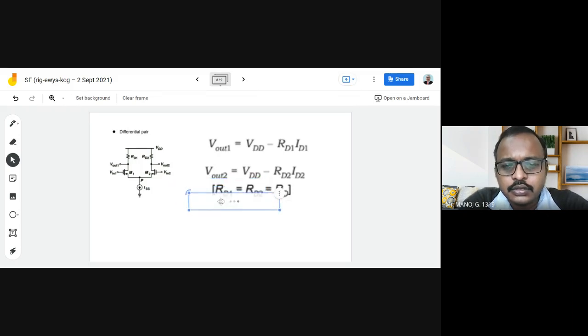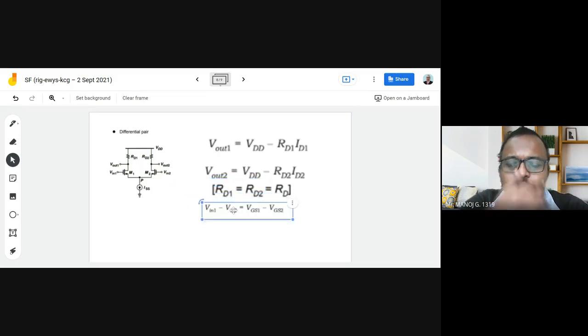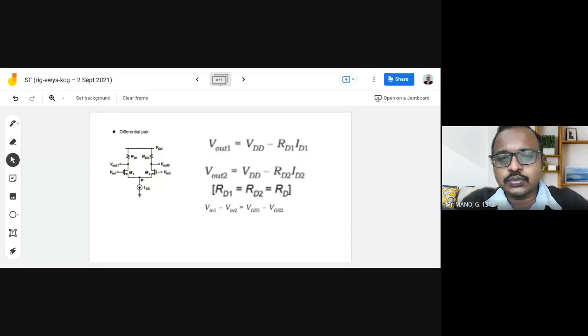Then V in 1 minus V in 2 is equal to VGS1 minus VGS2.